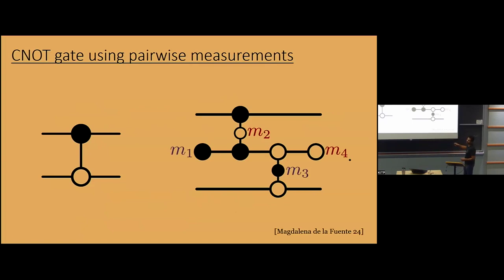So these two diagrams are equivalent when these measurement outcomes, so here when I say that these two nodes are joined together with this node labeled by M2, that means I'm measuring an operator over here. And that measurement yields this eigenvalue M2.